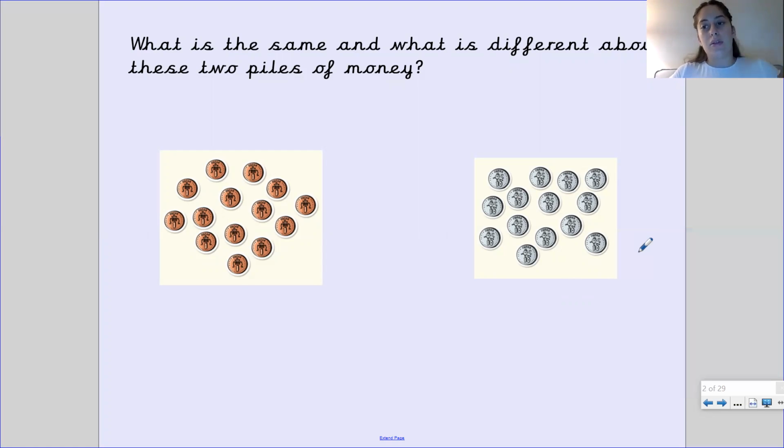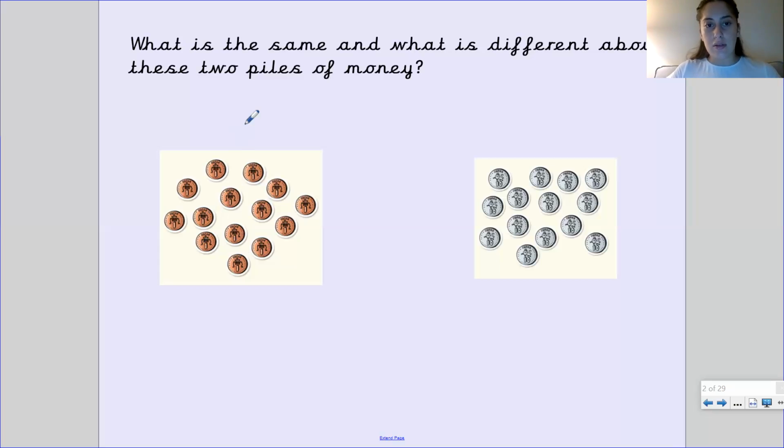Okay, so did you notice what was the same about the two piles of money? Well, if we count carefully, we will count it together. There are 1, 2, 3, 4, 5, 6, 7, 8, 9, 10, 11, 12, 13, 14.